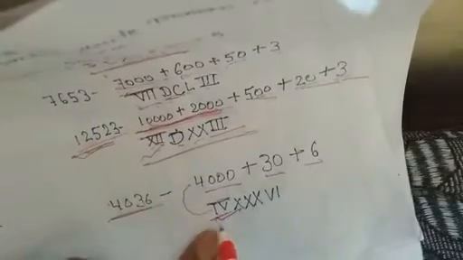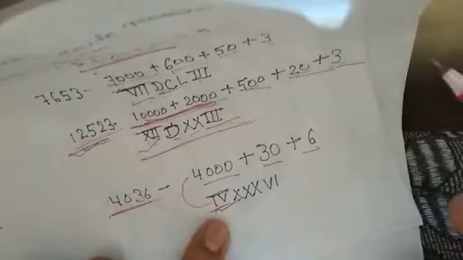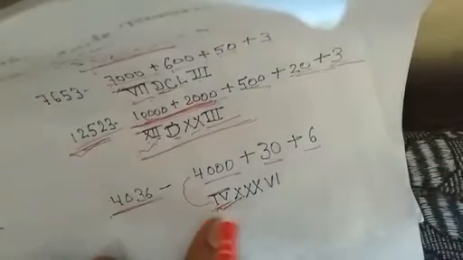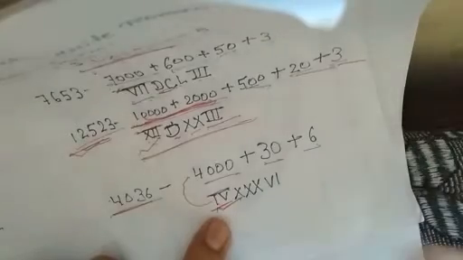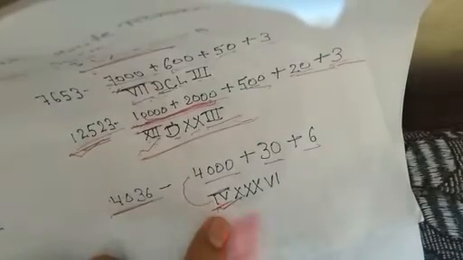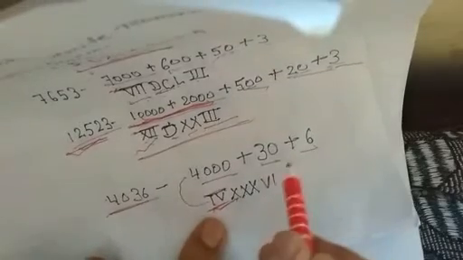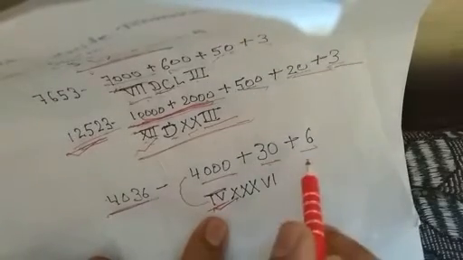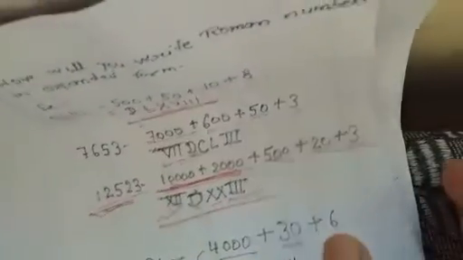Bar IV will show the 4000, because when we show the bar, then that number will multiply by 1000, okay. Means bar IV will show 4000, 30 triple X and 6 VI. Is that clear, student? Next question.